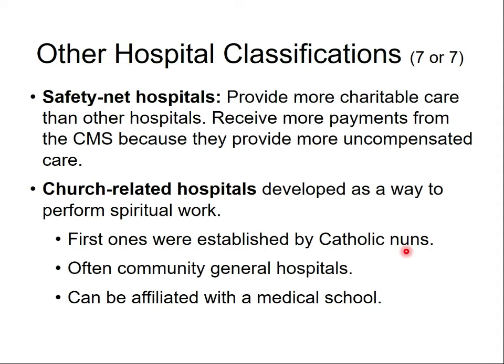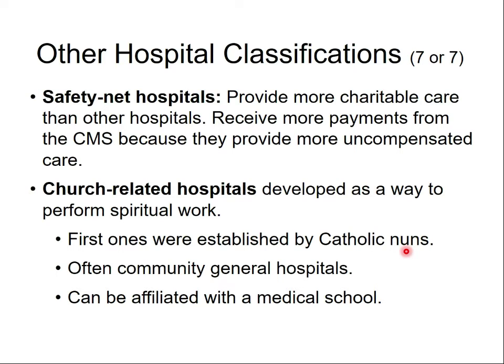There are also some other hospitals that are known as safety net hospitals. These are mainly provided by charity organizations that receive payments from sponsors in their community, maybe even some government support, because most of the service that they provide will likely be uncompensated care.